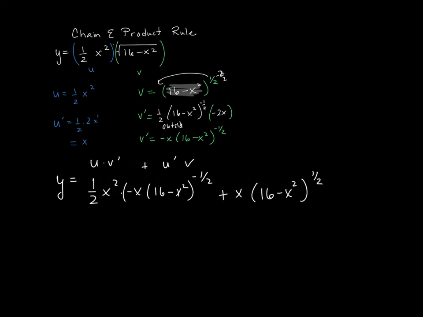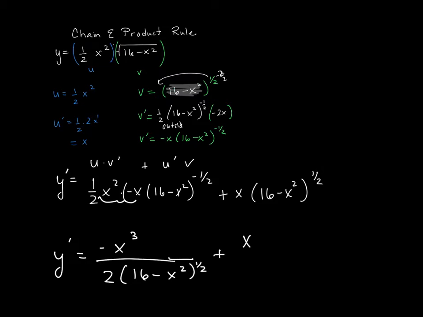We can simplify this a little bit, and I can simplify that by just writing this as my first derivative is equal to, combine those two x's to be negative x to the third all over 2 times 16 minus x squared, plus x times 16 minus x squared to the 1/2 power.